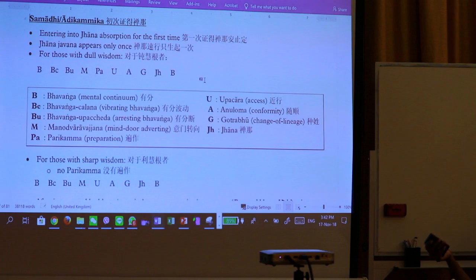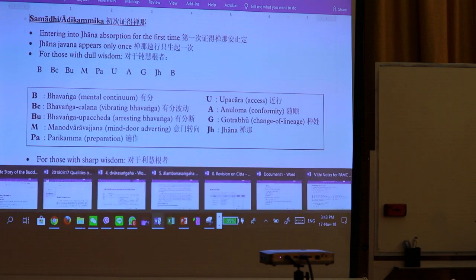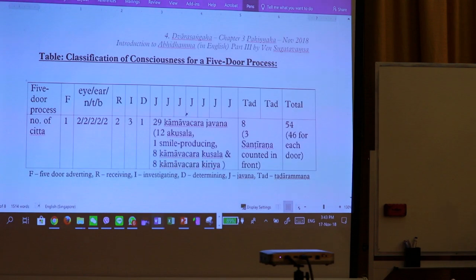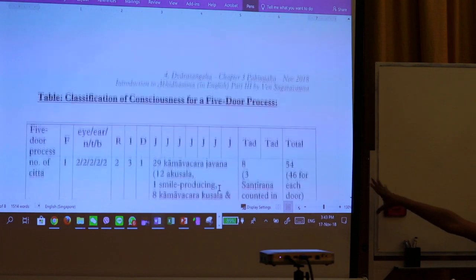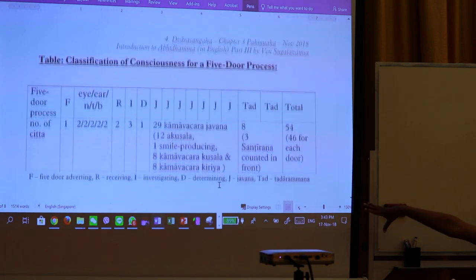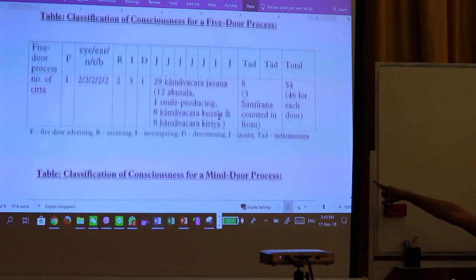In the immaterial world, they take an immaterial object from the mind, then again come to the jhana moment. How many wholesome? There are 4, and 4 resulted, making 8. Now you have to combine them together. Before, we studied 55 javana, which is 7 javana.